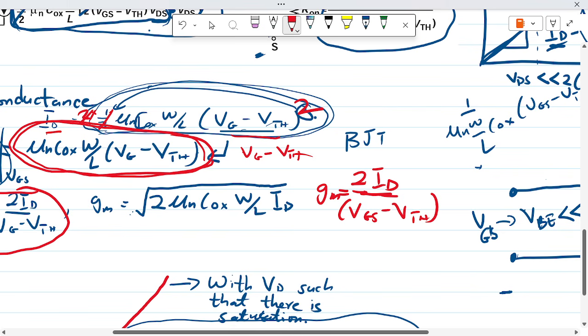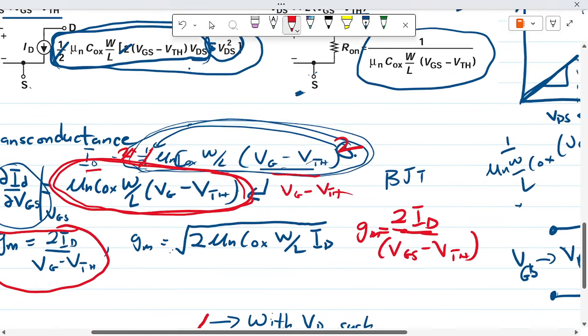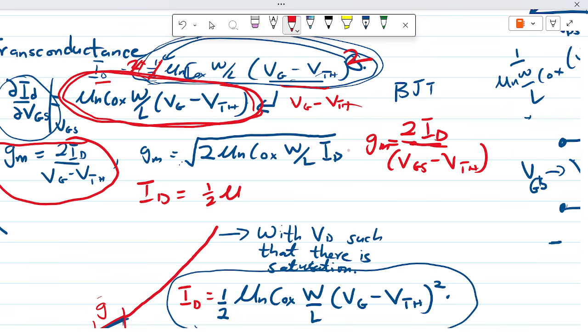Okay, and there is a third way of writing the transconductance equation. This time, I take the saturation equation for ID, which is 1/2 mu n Cox W/L times VGS minus VTH squared, and I make the overdrive voltage the subject.